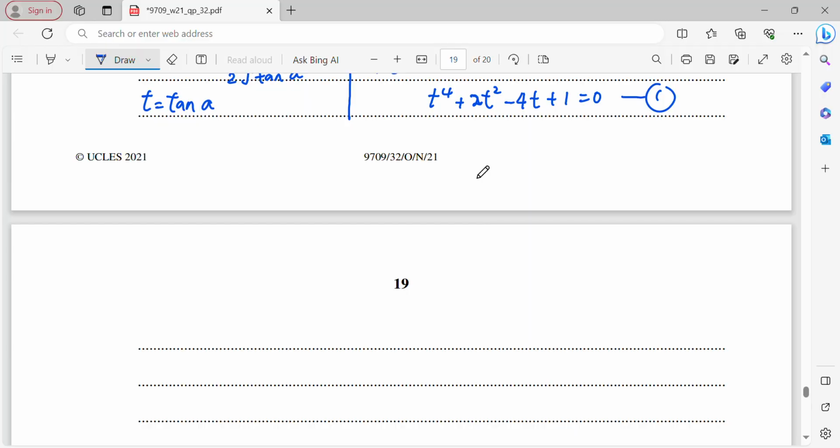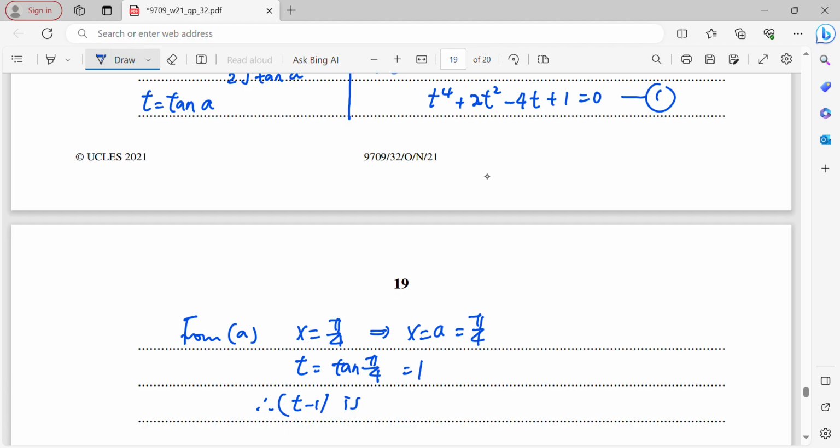From the first part, x equals pi over 4. That means x equals a equals pi over 4, which means our t is tan pi over 4. That is 1, from the previous part. Therefore, t minus 1 is a factor.